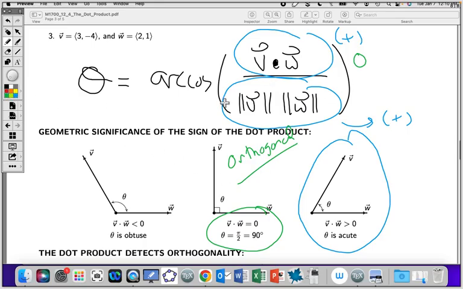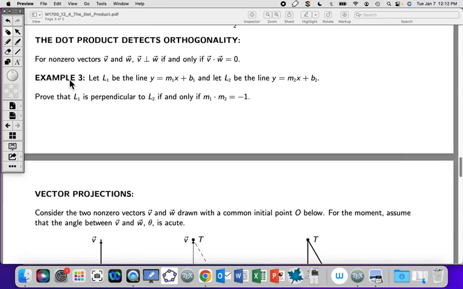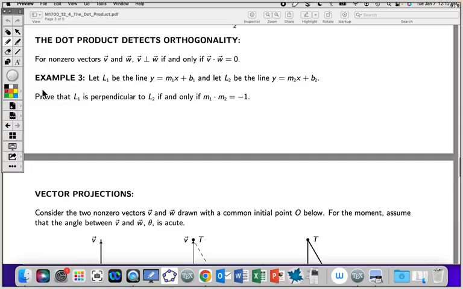And last but not least, if your dot product is negative, then that means your arc cosine is going to throw you into quadrant 2, and that means the angle between the two vectors is obtuse. Right? So this is kind of a big deal. Once again, depending on where you go from here, the dot product detects orthogonality.